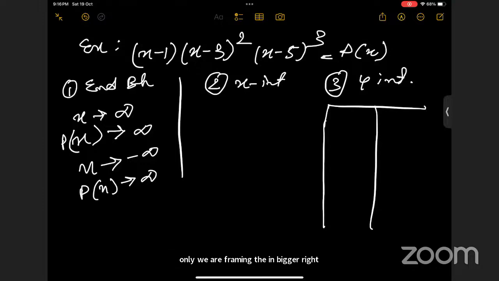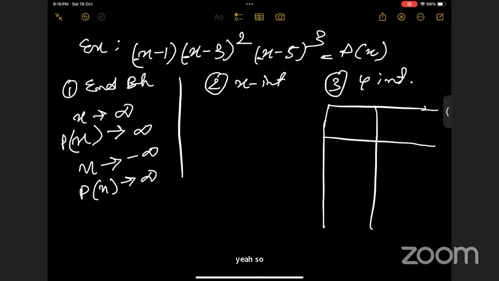So first, we need to ensure that all of you know how to calculate the highest degree and its coefficient. The highest degree is easy because you just have to add all the degrees, and for the coefficient you see the coefficient of all the x present here, then multiply them with the power. Okay?